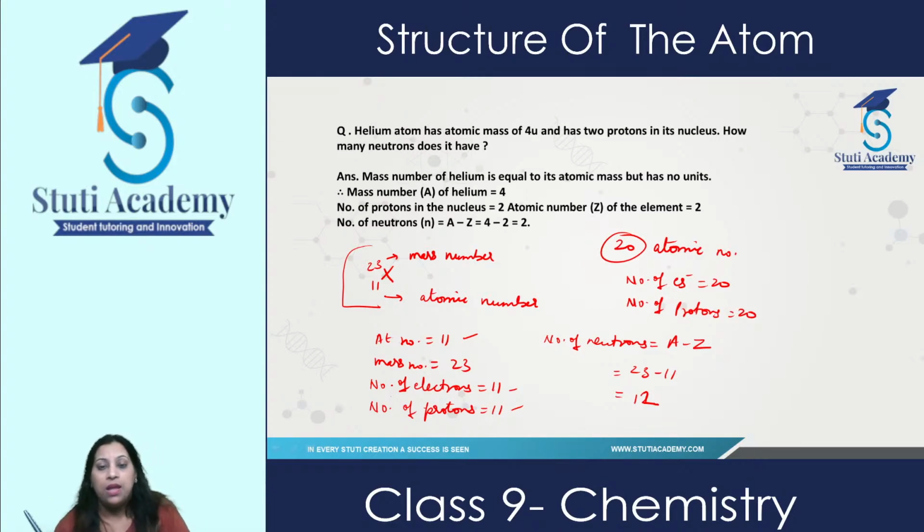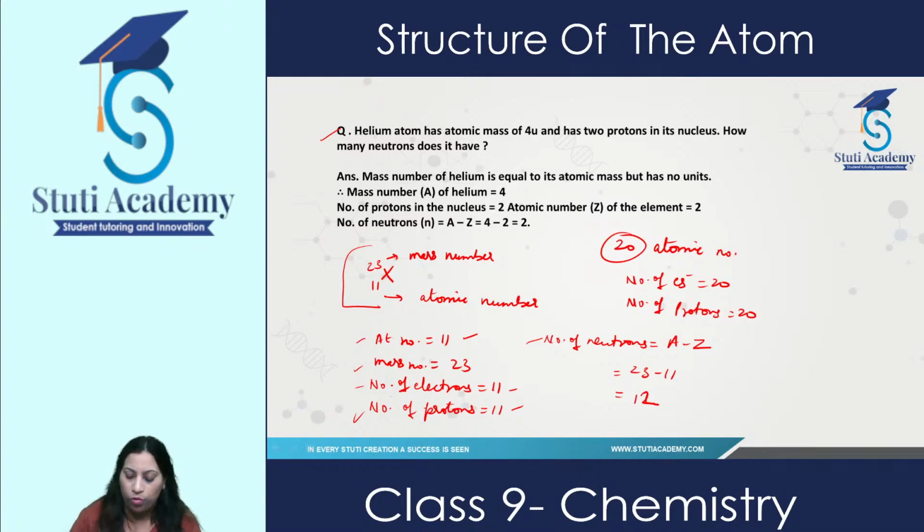So might be they'll ask like this, which I have just discussed with you, or they'll give an element, or it will represent by any alphabet, then they'll give mass number and atomic number. So you need to find out any of this, or you'll write all the information you'll get from this representation.